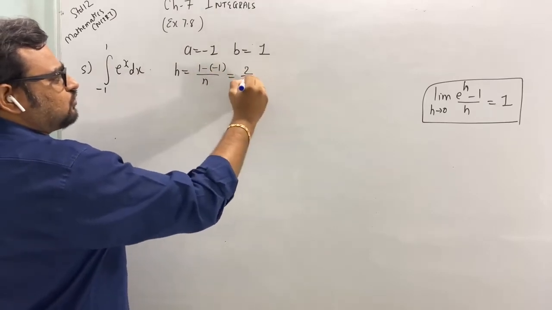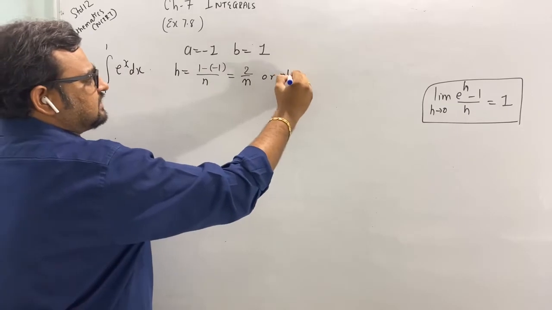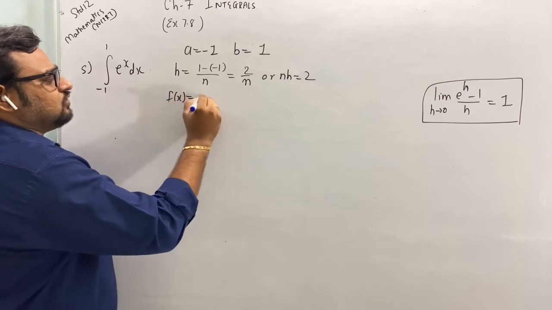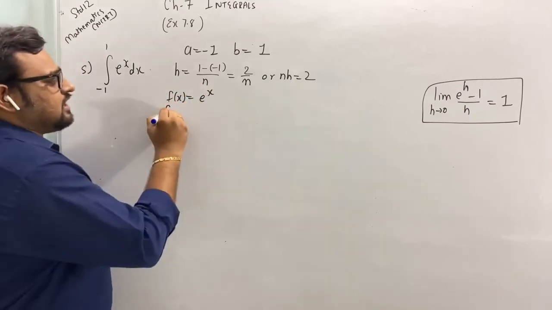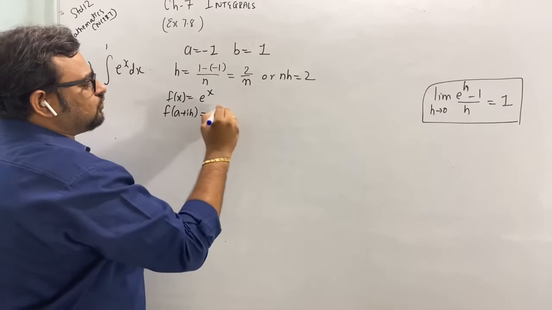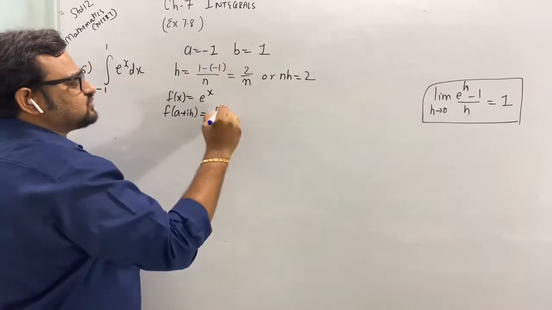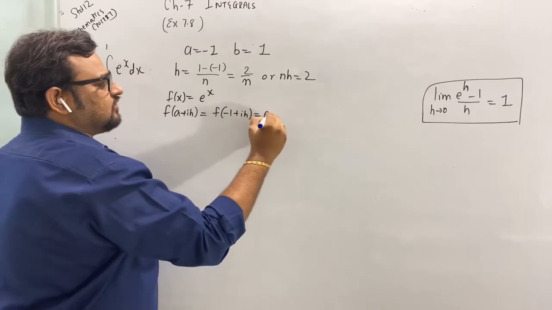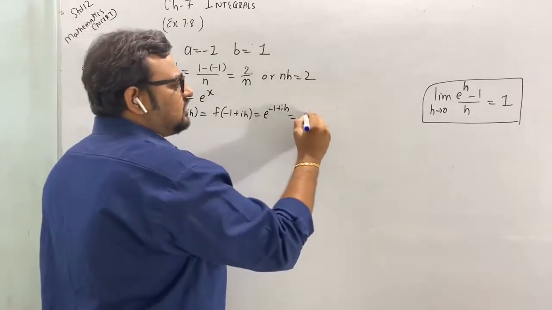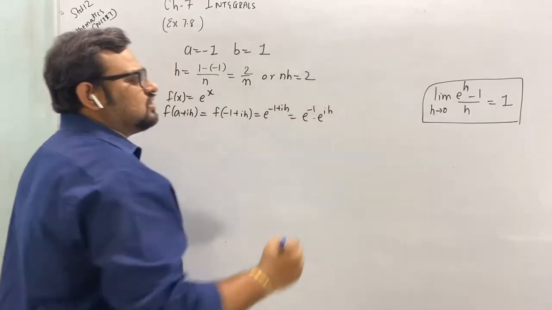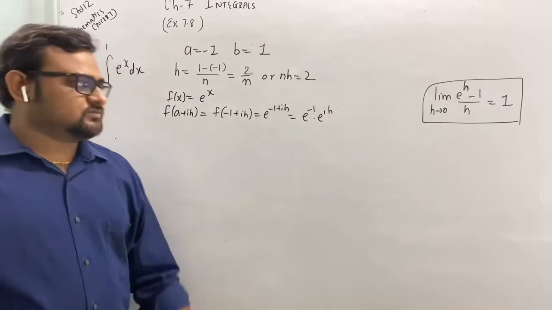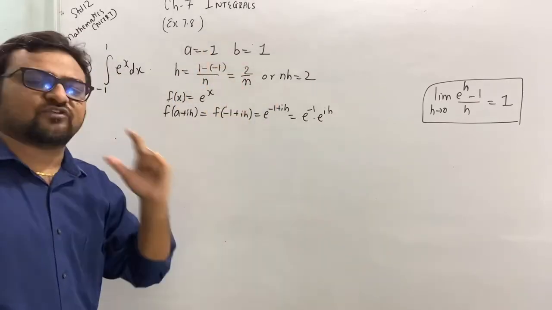So this is equal to 2 by n, or nh is equal to 2. f of x is equal to e raised to x. f of a plus ih will be equal to f of minus 1 plus ih, which is e raised to minus 1 plus ih. So this will be equal to e raised to minus 1 into e raised to ih. I have just separated this. Clear? So this was a, b, h, nh, and f of a plus ih.